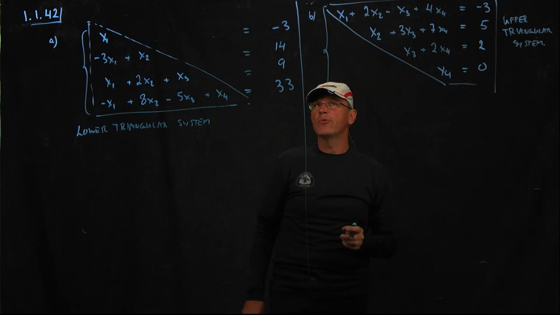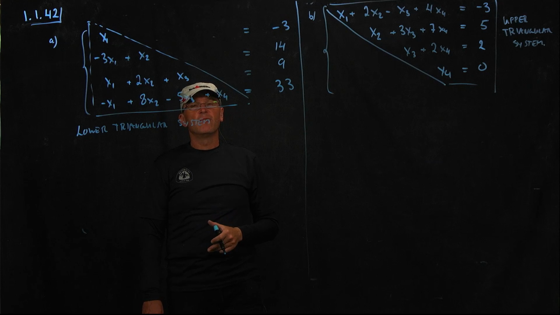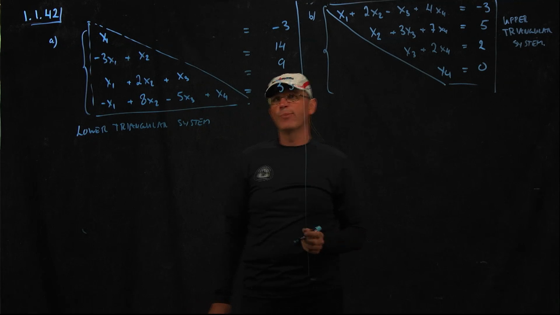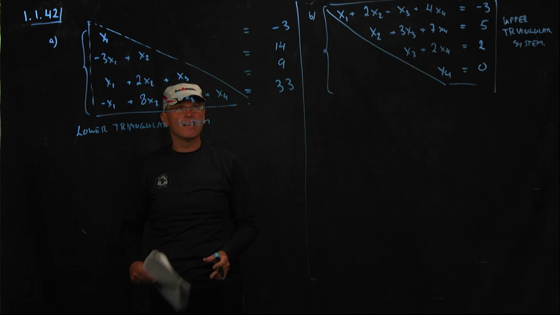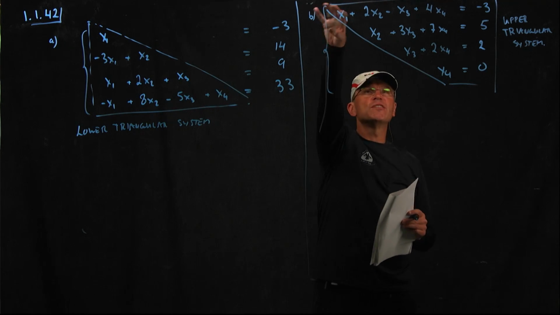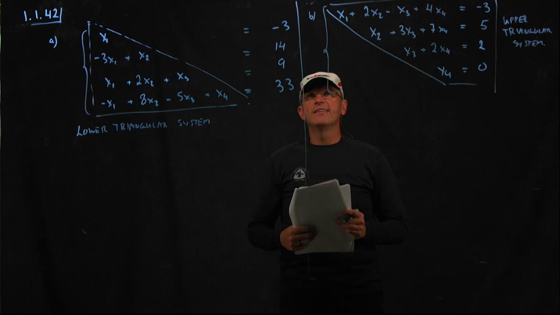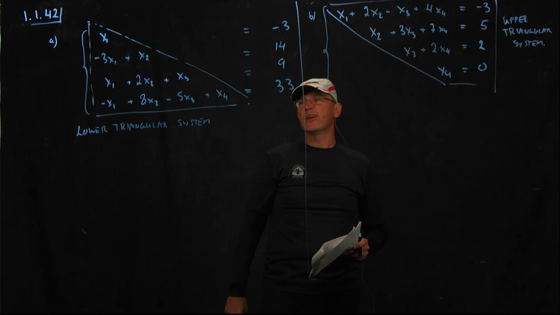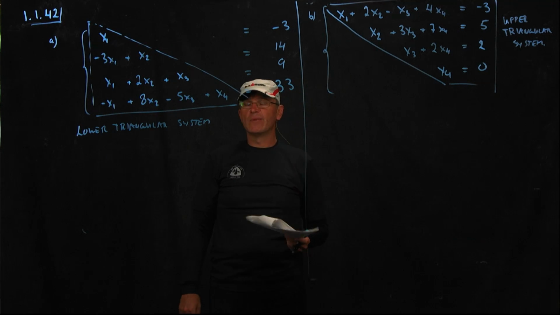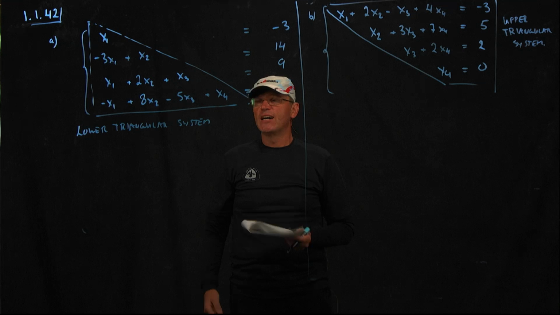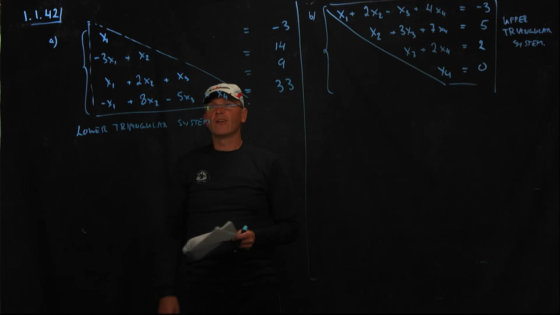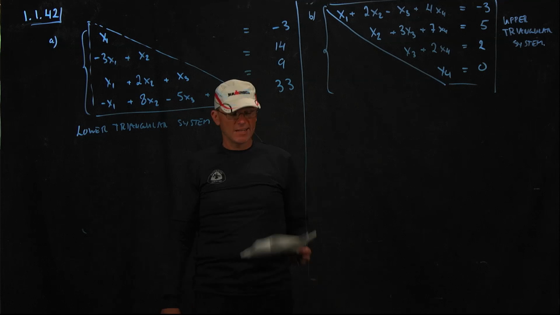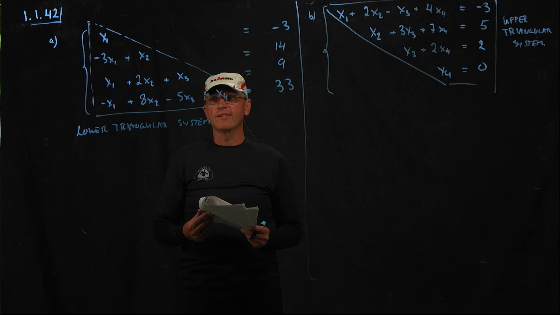And usually that's what we're aiming for when we eliminate by hand, right? So we take the first equation, we subtract from the second, so that we get rid of the first variable in the second equation. So here, instead of calling the variables x, y, z, we just number them, x1 through x4. And a lot of times if you have lots of variables, that's the most convenient thing to do.